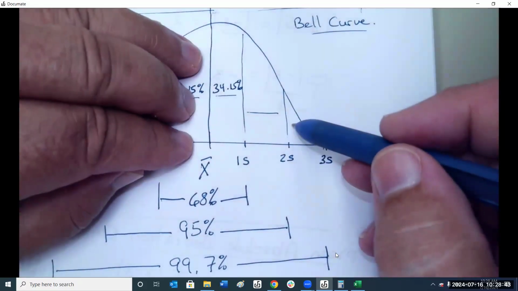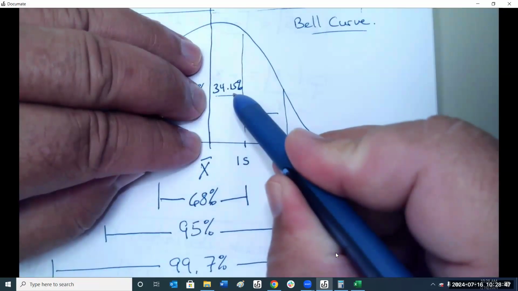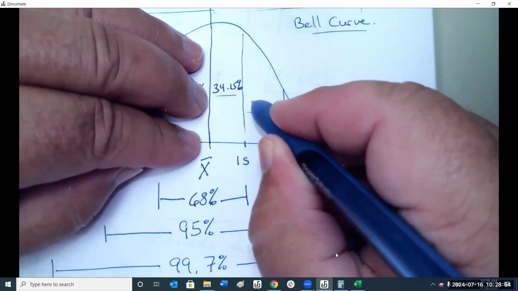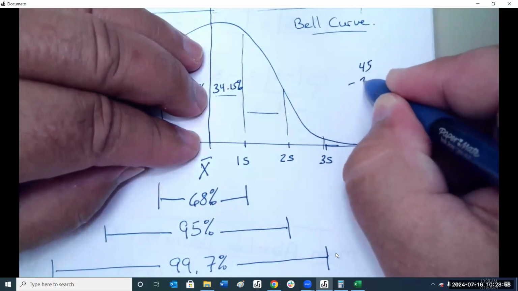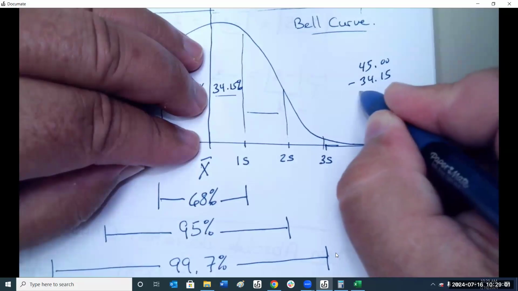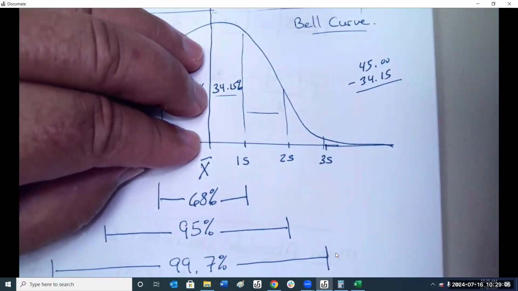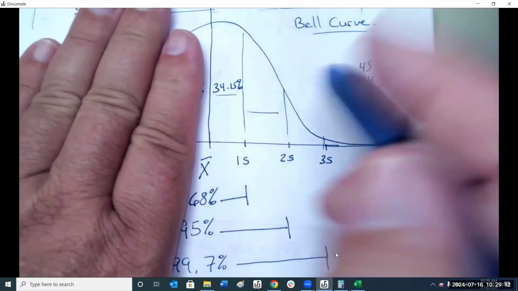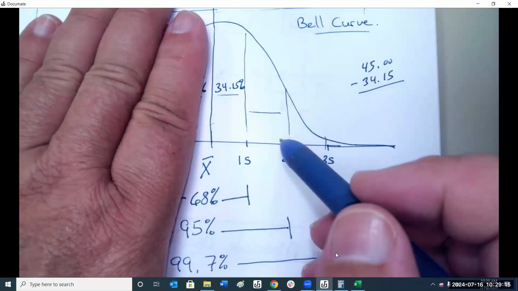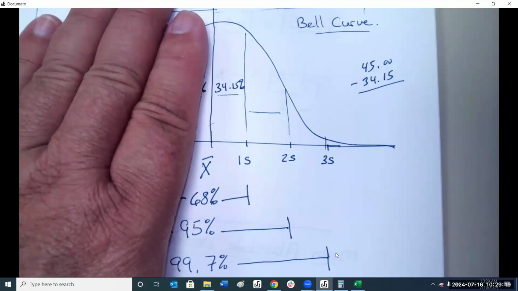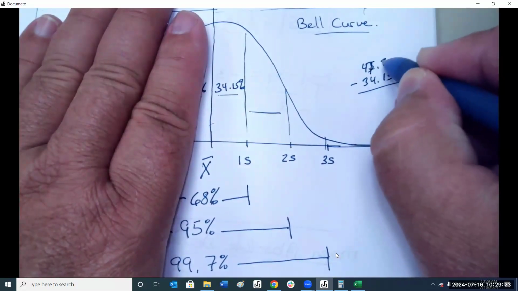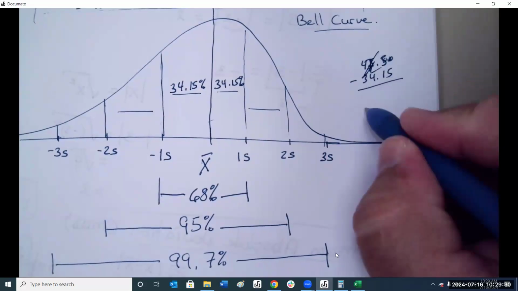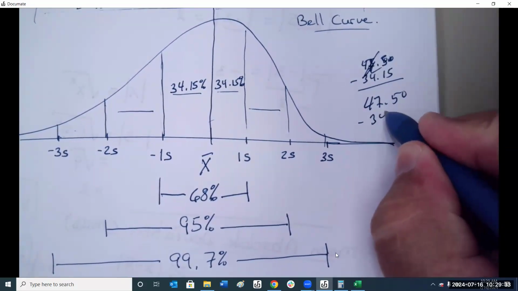The whole thing is 95%. Since it's half of it, this part here is 47.5, because it's half of 95. So this is 47.5 minus 34.15.